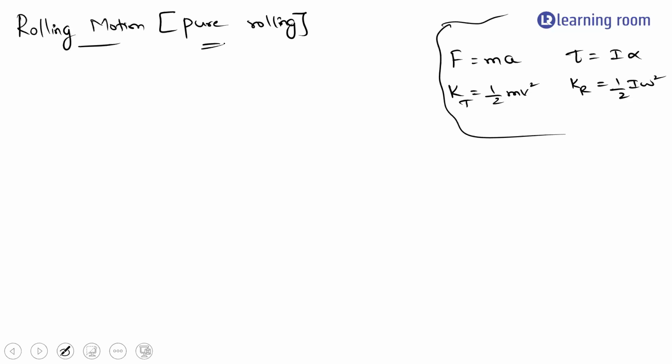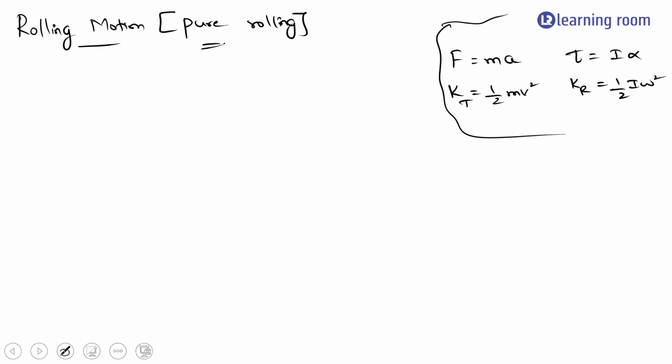If it is made to rotate like this, it is rotating about an axis. So this kind of a motion is called rotation, or revolution. If this is there and it is moving like this, it is called translation.